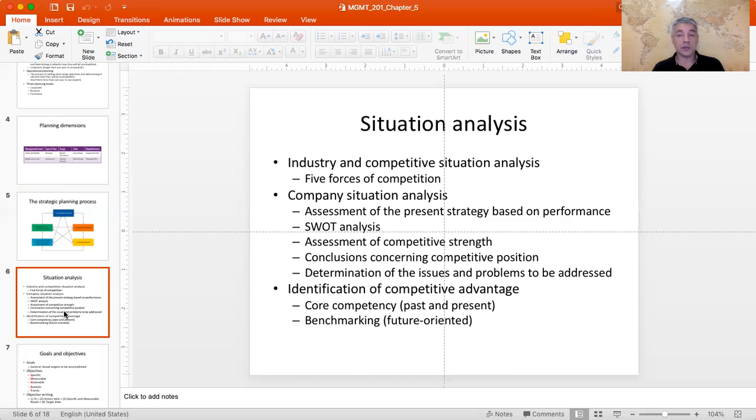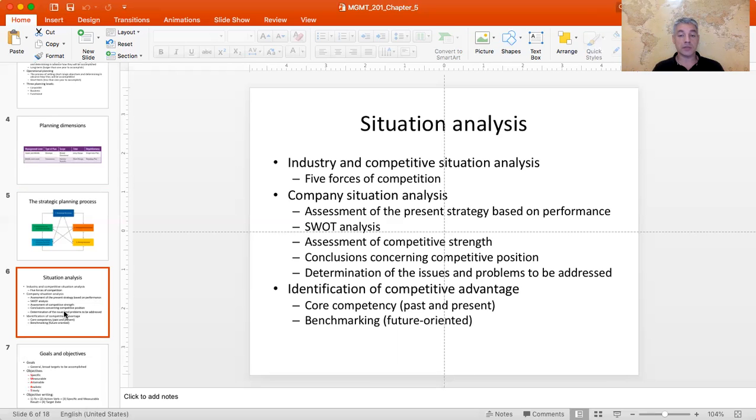And by doing SWOT analysis, you try to establish some sort of a correspondence between those opportunities and threats on the one hand, and your resources and capabilities on the other hand. So they go hand in hand together. It makes very little sense to do one without the other.